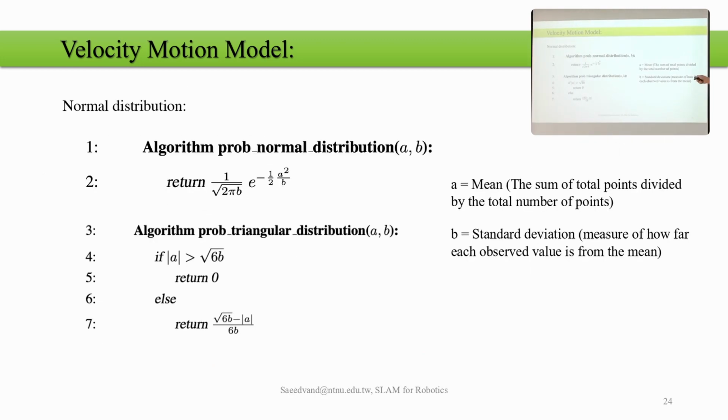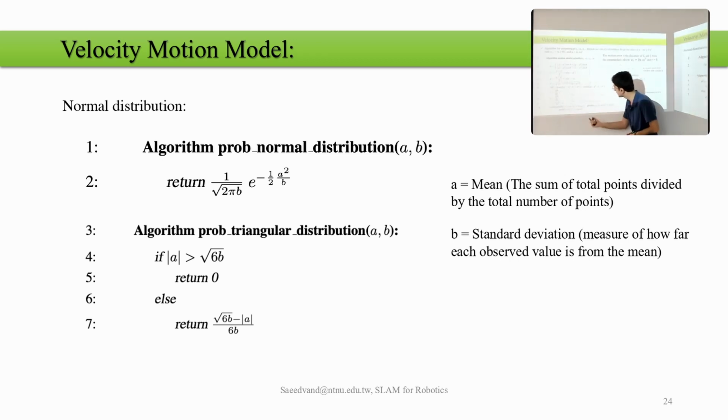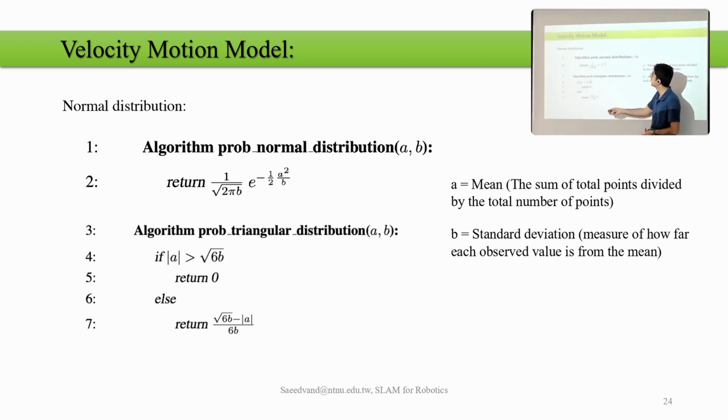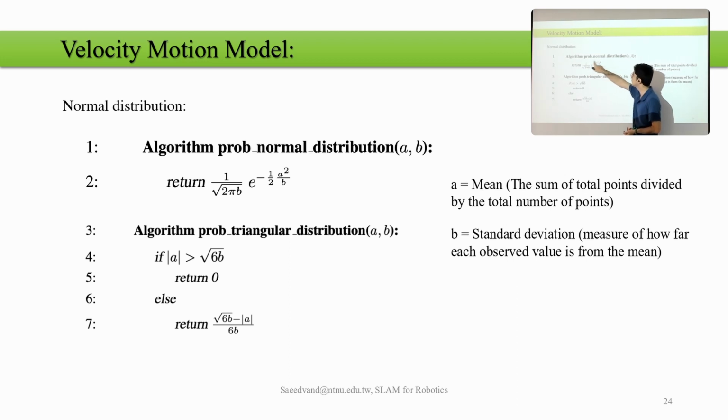If I want to show the normal distribution function, how we can implement it, you just need to write the algorithm: probability normal distribution of A and B. A and B are coming from here, these ones, A and B. Then you can implement this code over there.